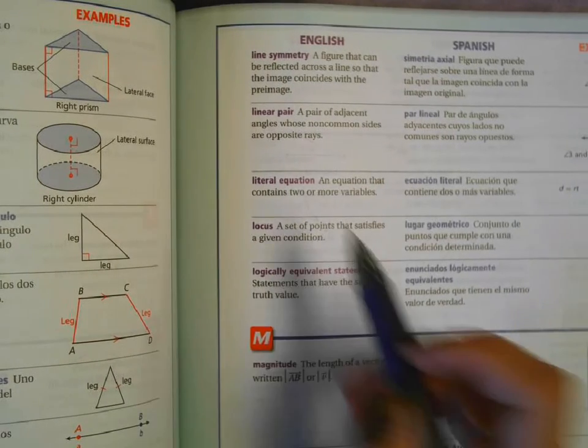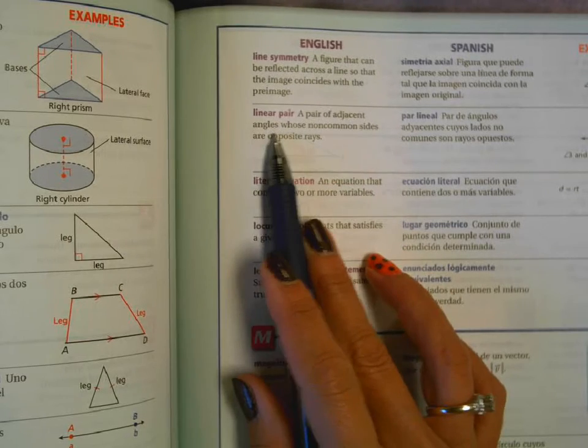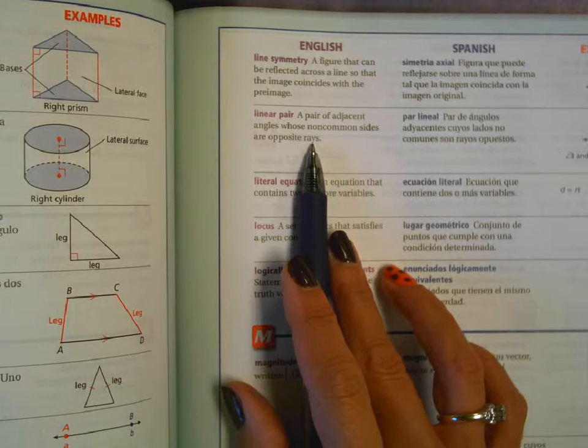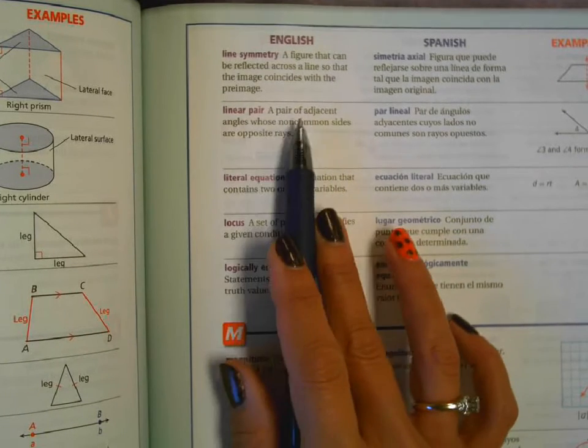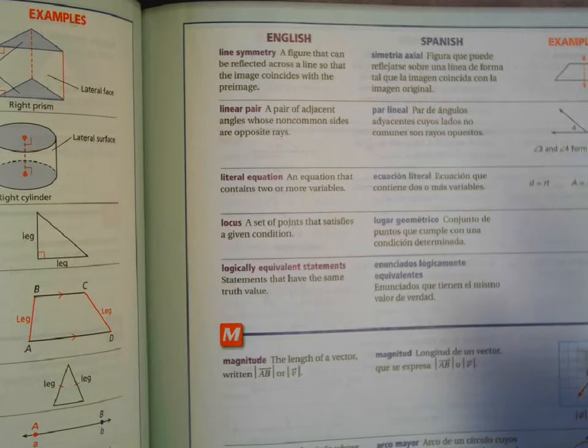Here's our definition of linear pair, and we had this back in chapter 1. Linear pair is a pair of adjacent angles whose non-common sides are opposite rays. So that's the definition of a linear pair. They have to be adjacent, and the sides that they don't share are opposite rays.